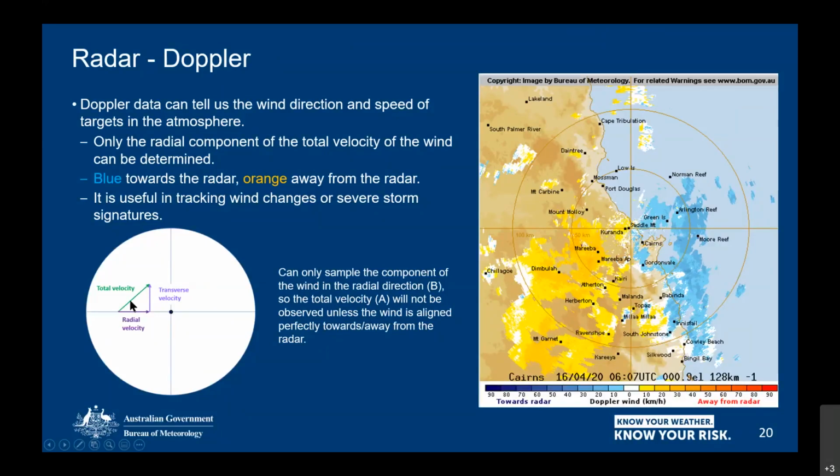So we've got our wind traveling in a southwesterly direction. The radar can only interpret this part here, the radial velocity that's coming either in towards the radar or out of the radar. This wind vector here that is perpendicular to that radar beam, we don't have any information about. So this is called our transverse velocity.